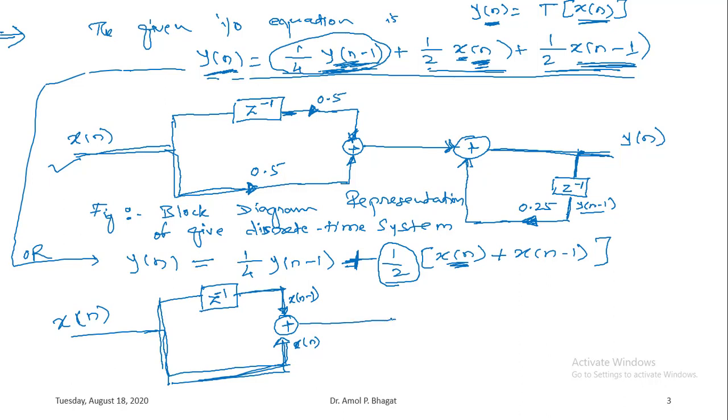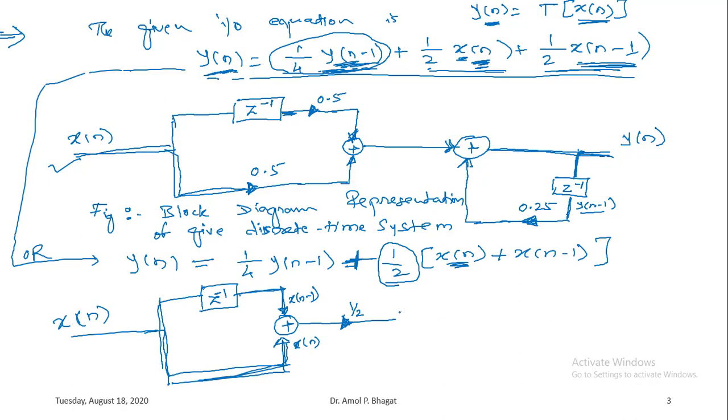So I will use a constant multiplier, which I can specify as 1 by 2 or 0.5. So I have used one adder, one delay element and one constant multiplier. Previously I was using two constant multipliers, but now I have reduced the elements. Instead of two constant multipliers, I am using a single constant multiplier.